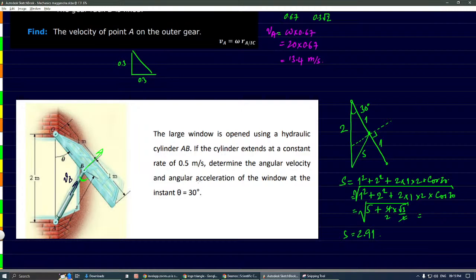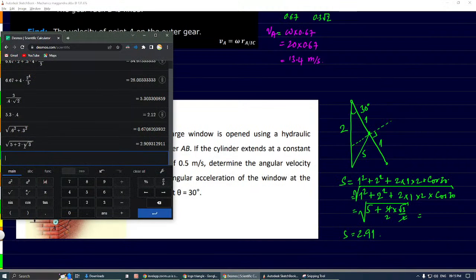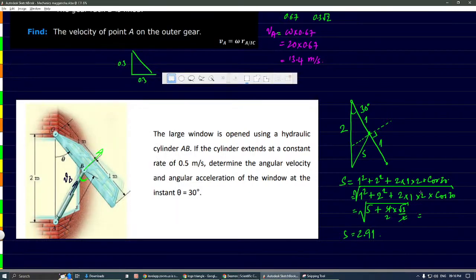Yes, value is getting different. One square plus four square, five. Two root three now. That's correct. So this is minus. This is supposed to be minus. Get it? This is supposed to be minus.